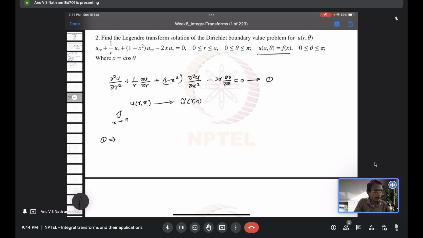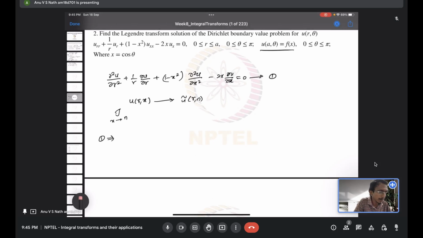It's like the transformed variable is a constant with respect to the remaining derivatives. So it is basically getting converted to an ordinary differential equation in the remaining variable. Here the transform is happening on the variable x, so the remaining variable is r. In that variable, the equation will be just an ODE. So that's why we don't need to write the partial derivative. We can write the ordinary derivative here.